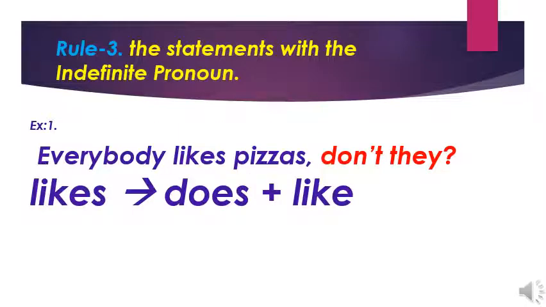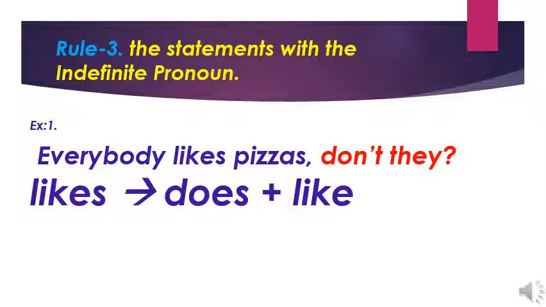For the first example, everybody likes pizzas. Follow the rules that you have already known for the statement with the indefinite pronoun. In this, likes is a singular verb. Now I am going to take it as a plural verb. So, to get the plural verb form, we are splitting that likes, because this is a singular verb V1S form.